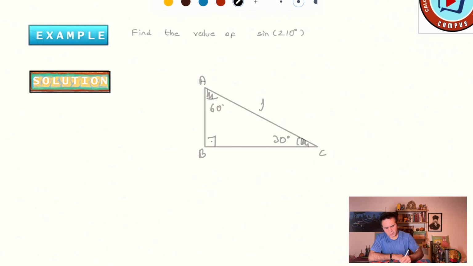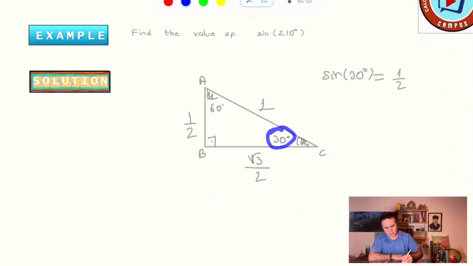If the hypotenuse is 1 centimeter here, this means that at the opposite side of 30 degrees, we have 1 over 2, and we have here square root of 3 over 2. This means that sine of 30 degrees is 1 over 2. Sine of 30 degrees is the opposite side of it.